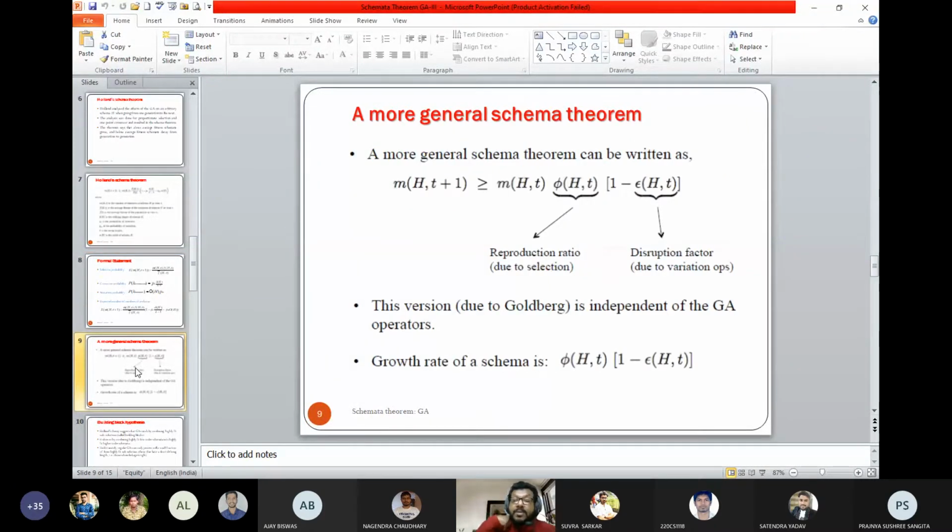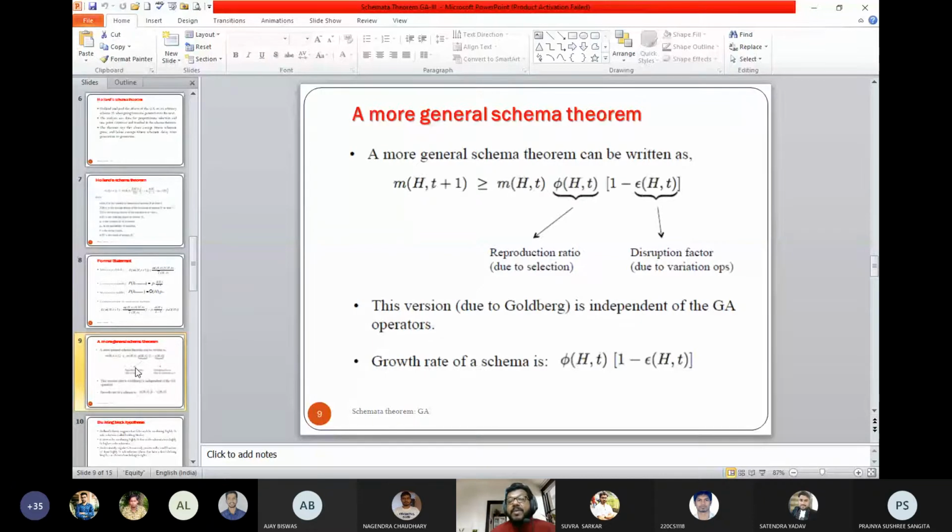If you try to simplify the schemata theorem, the more general form is like this. We first find the reproduction ratio due to selection, which we copy from the previous formula, and the distortion factor due to variation, or the various operations, and how they divert it.